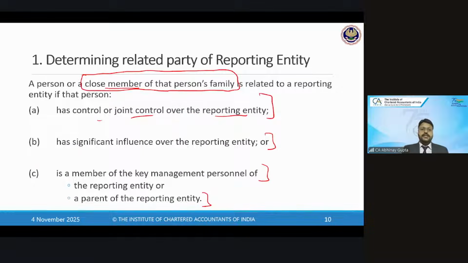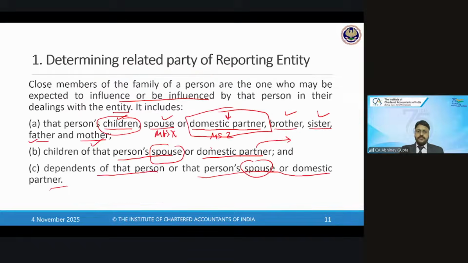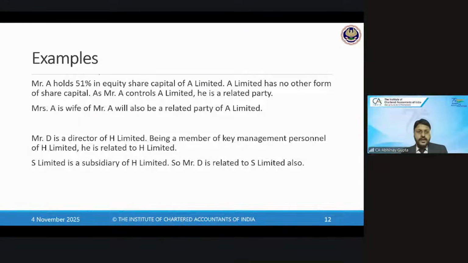The standard says the related party is the person himself as well as all these close members, provided these conditions are satisfied. So if Mr. X has control or joint control or significant influence, or is a KMP of the entity or the parent, then this condition is satisfied, and in that case the person along with close members is a related party. Let's do this example.